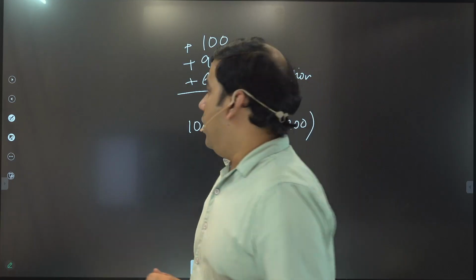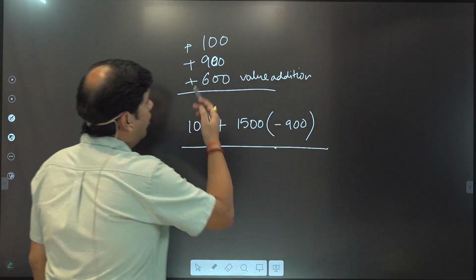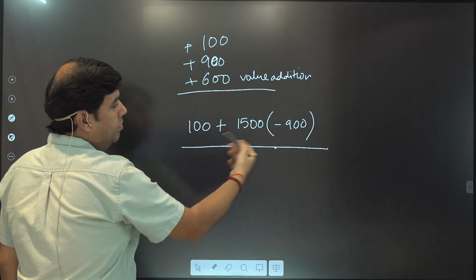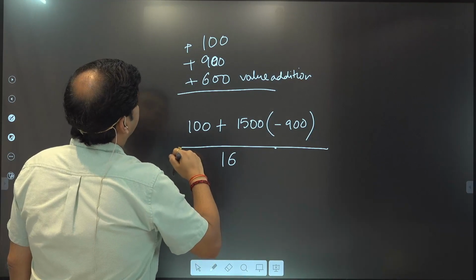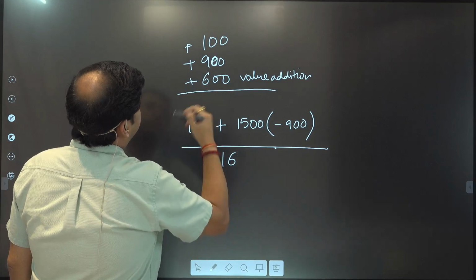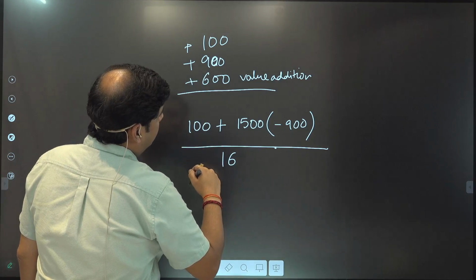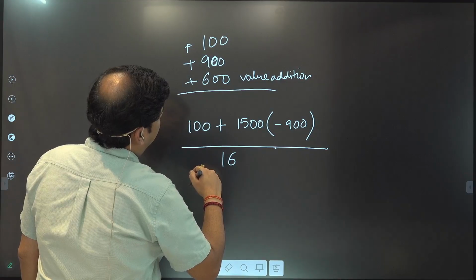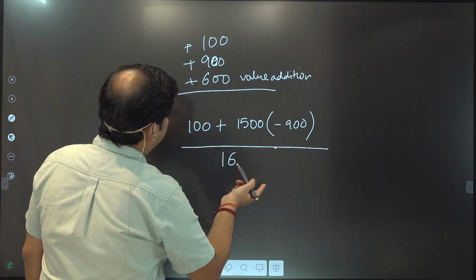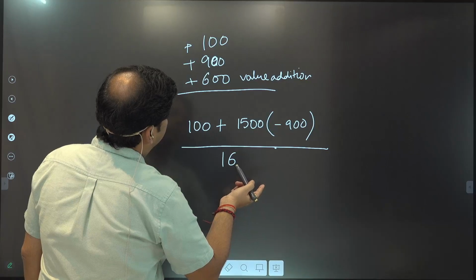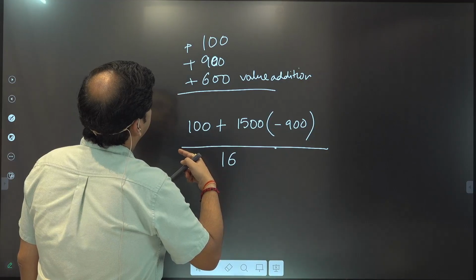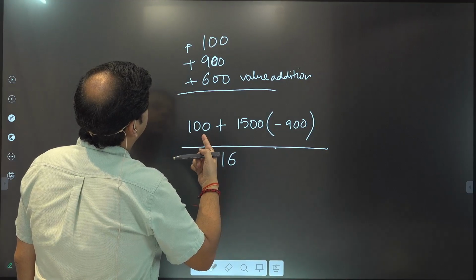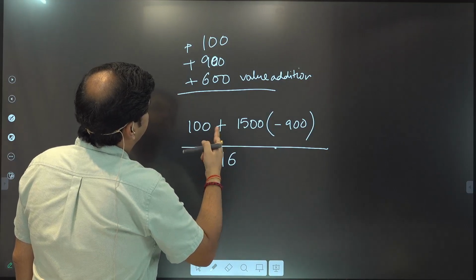Now the total value will be, whether you measure like this or like this, 1500, 1600. क्या गलती कर दी मैंने? Why am I getting a wrong one? 100, 900, value addition 1600.